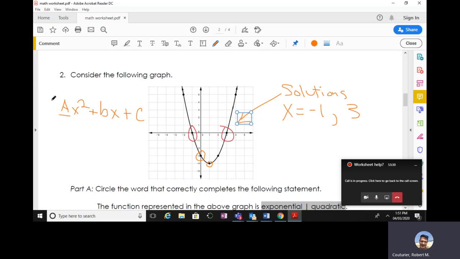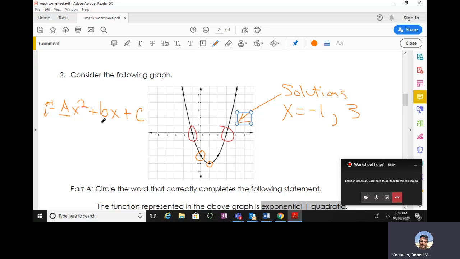The sign of a, whether it's positive or negative, determines whether it opens up or opens down. So this clearly is a positive function because it opens up. So a is going to be a positive number. We don't know what that number is, we just know it's positive because it opens up.